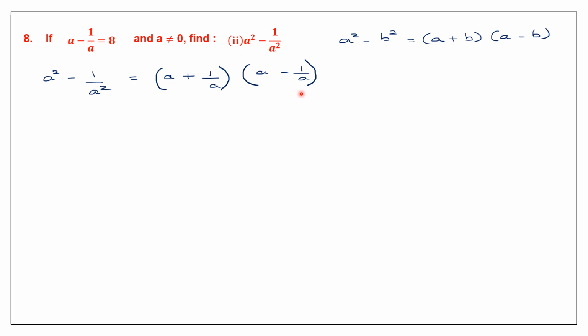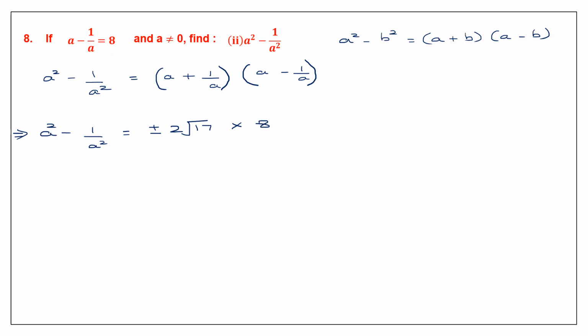So we have a square minus b square is equal to a plus b into a minus b. Now here we already have the value of a minus 1 by a. It's given as 8. And in the previous question we found the value of a plus 1 by a. So a square minus 1 by a square, now this is what we are finding. So this is going to be equal to, a plus 1 by a we found out in the previous question. It is plus or minus 2 root 17, into a minus 1 by a, which is 8.